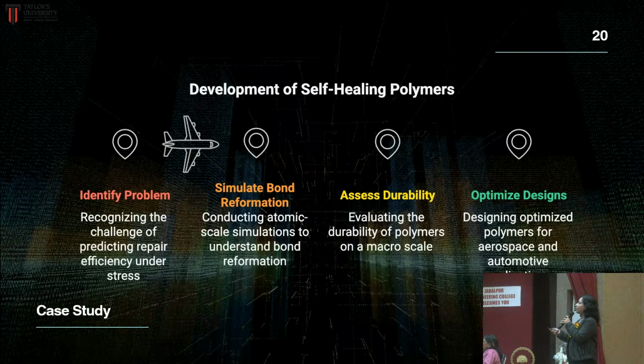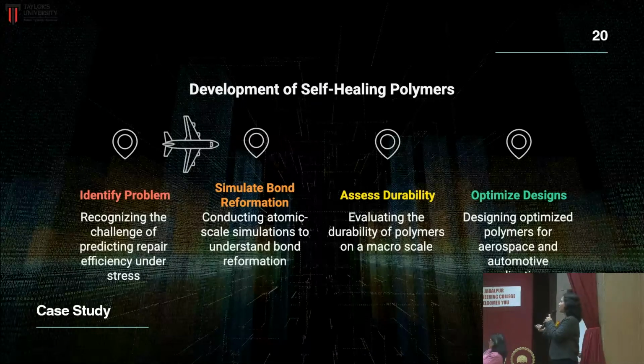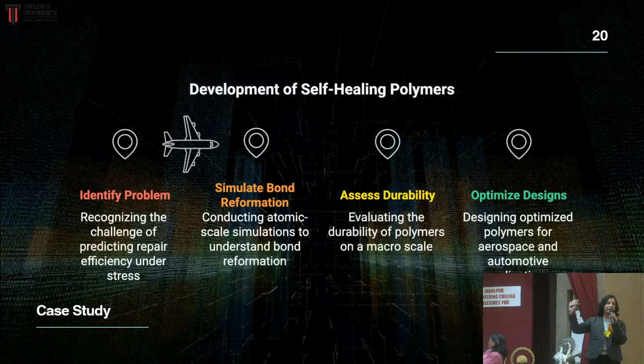Then we simulate the bond reformation, that is conducting atomic scale simulations to understand the bond reformation in those materials under stress. After that, we assess the durability, that is we evaluate the durability of polymers on macro scale. Then we are optimizing the designs, that is designing optimized polymers for aerospace and automotive applications. So finally we have got a result which was required.